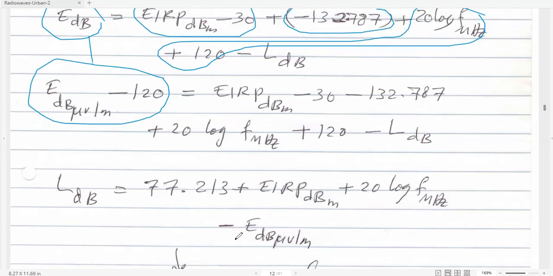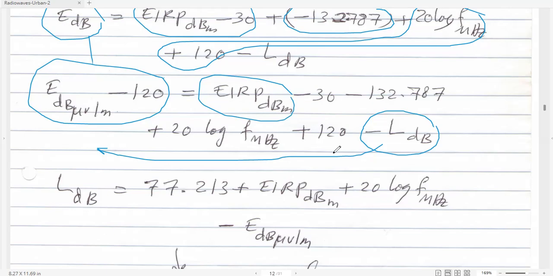If you combine these values, so L in dB here, if we take L to the other side to obtain the loss of the electric field, we will obtain 120 positive here. We have EIRP in dBm, and we have also 20 log f in megahertz, and we take E dB micro to this side, it will be minus E dB micro, because we take it to the other side.